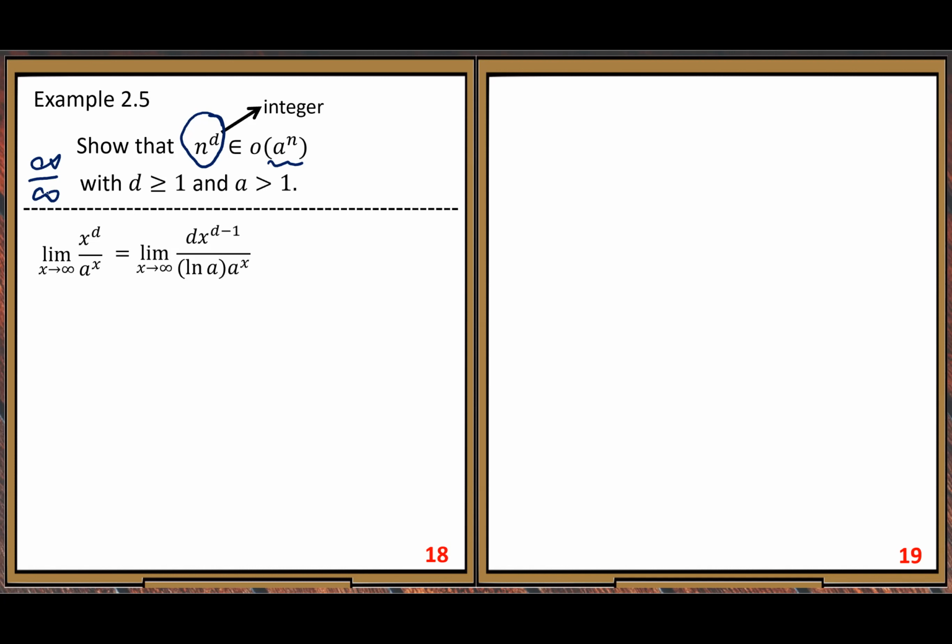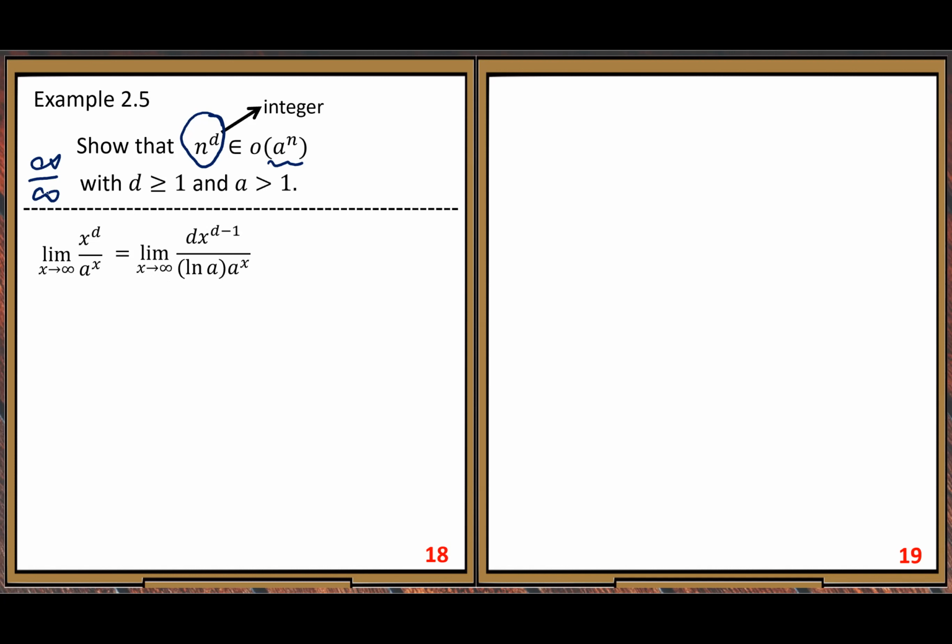Then the numerator derivative, for the power function, has the formula d times x to the d minus 1 power. The derivative of the denominator, another formula, is the natural log of a times the original exponential function, a to the x.